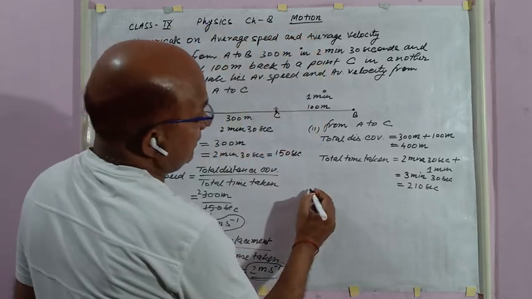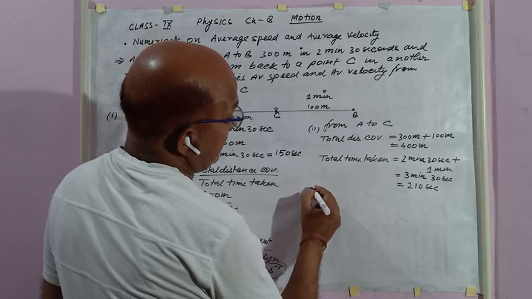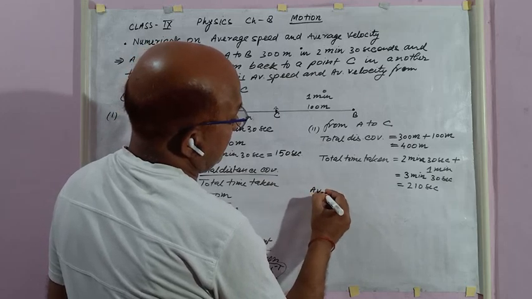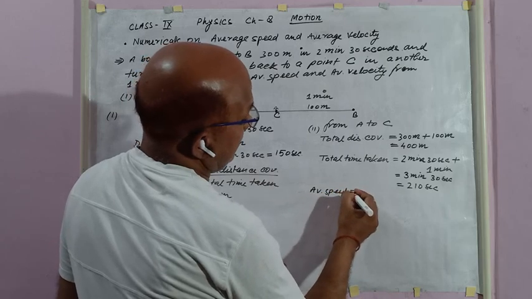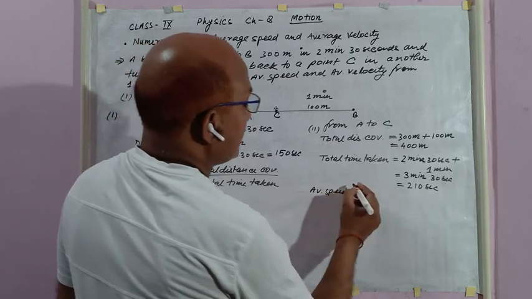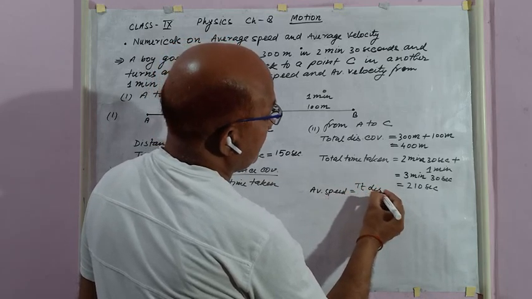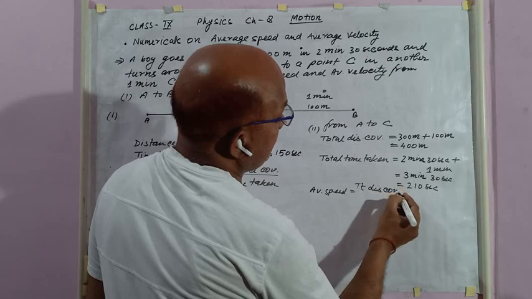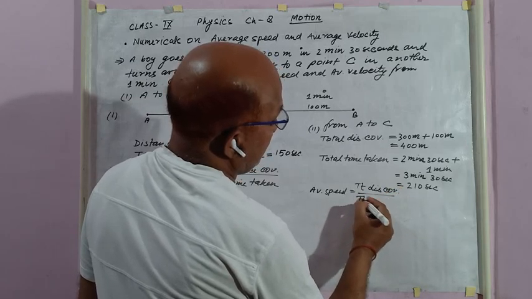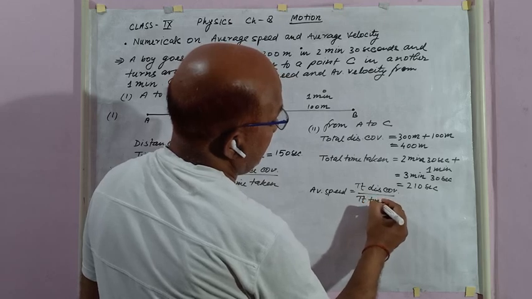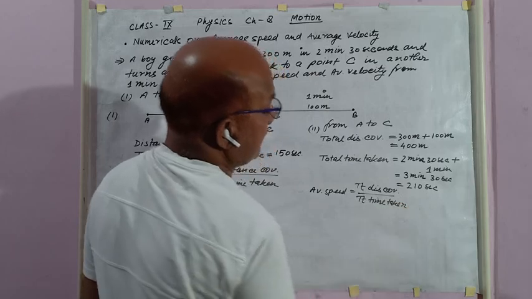Now average speed. To calculate average speed, this is total distance covered upon total time taken.